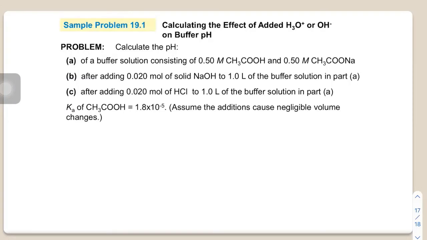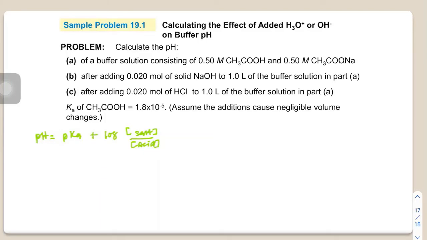When we know that we have a buffer system, we can directly use the equation pH is equal to pKa plus log concentration of the salt over concentration of the acid.